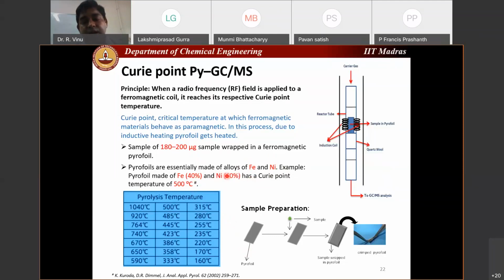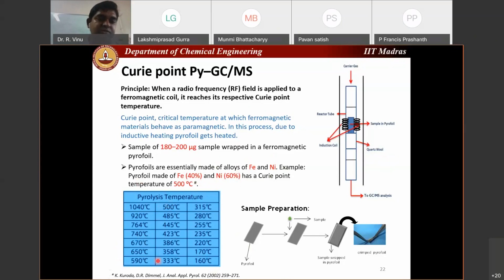But if I have to go for another pyrolysis temperature, I have to choose another pyrofoil which has a different composition, but it will exhibit a Curie point temperature of 650. So you can see here these are the typical materials whose Curie point temperatures are given here.